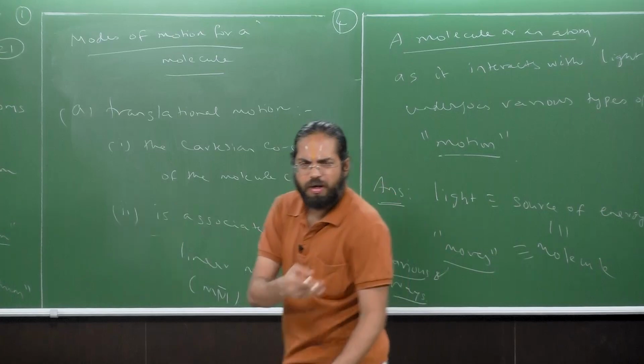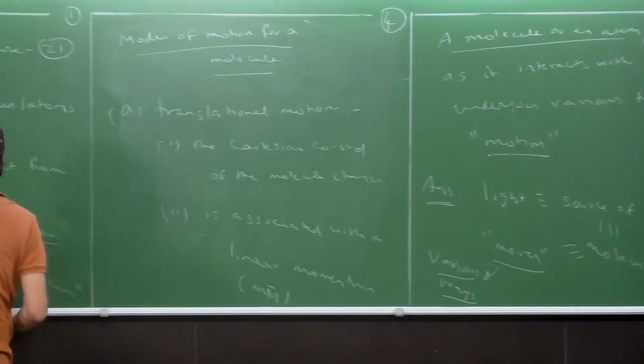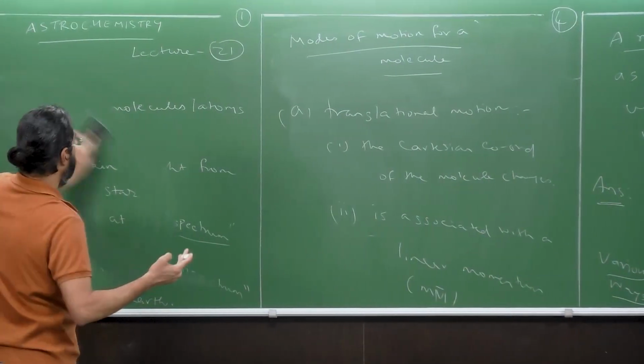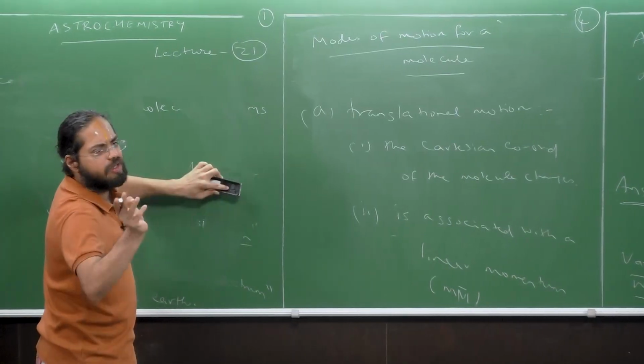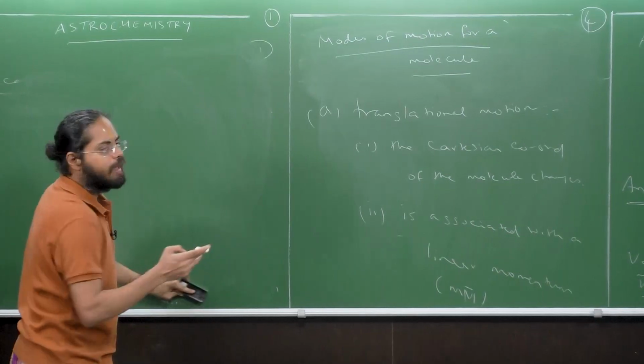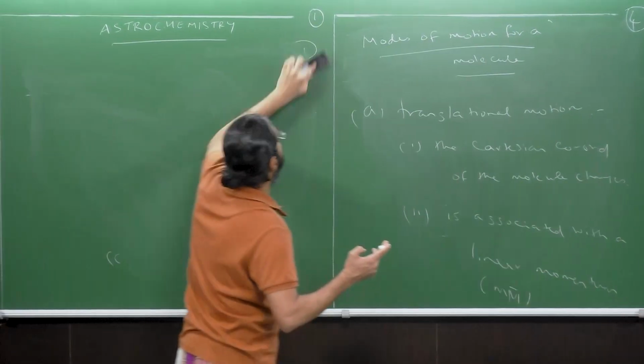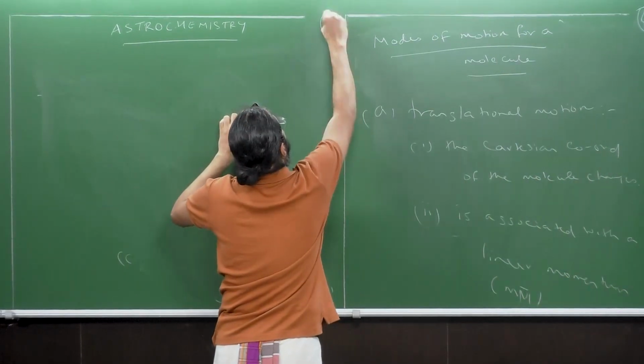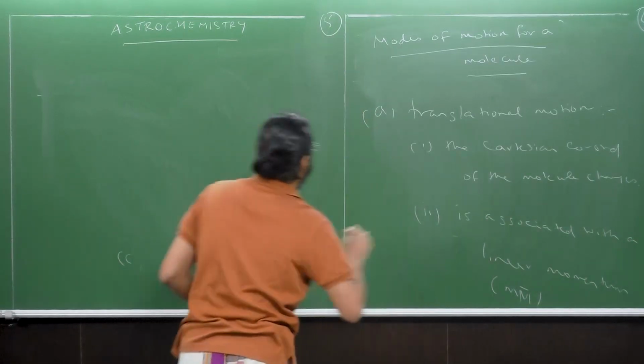Well, this must have been familiar to you from high school, or in collegiate thermodynamics in physics or chemistry. What are the other types of motion? Yes, the next type of motion is what is called rotational motion.